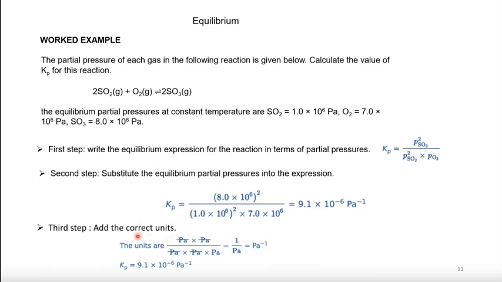For the units, Pascal into Pascal, and here 1 Pascal, and Pascal 3 times. So these 2 cancel out, and I get 1 by Pascal, that means per Pascal. So the equilibrium constant in terms of pressure is 9.1 times 10 to the power minus 6 per Pascal.